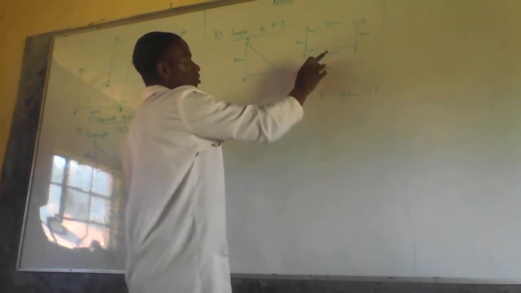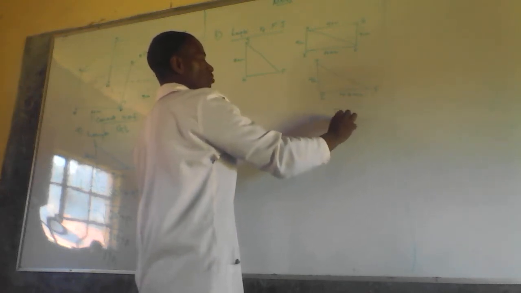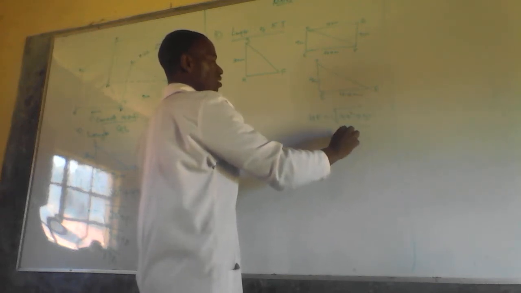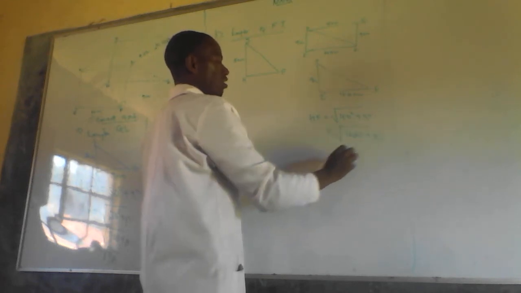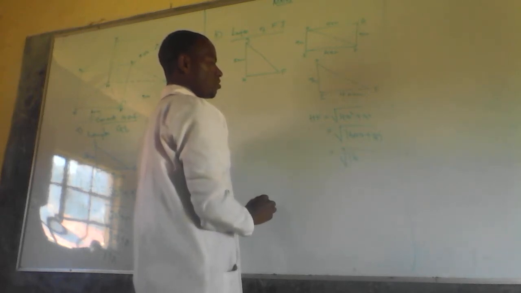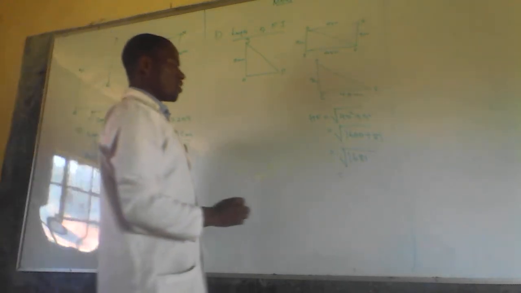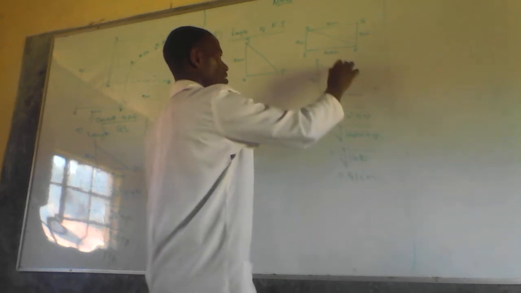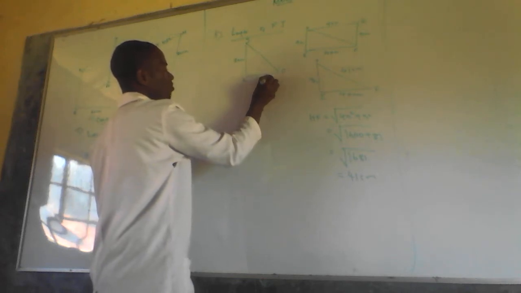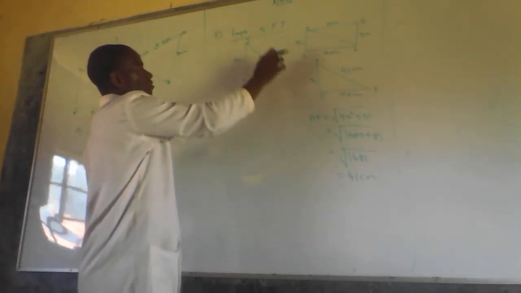Using the Pythagoras theorem, HF is equal to the square root of 40 squared plus 9 squared, which is the square root of 1,600 plus 81, which is the square root of 1,681. If you get the square root of that, it gets what? 41 centimeters. We come and place it here now. This is 41 centimeters.